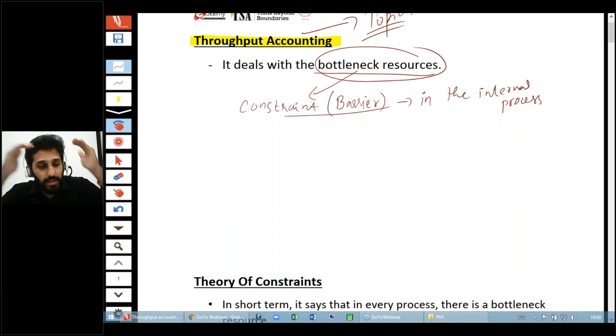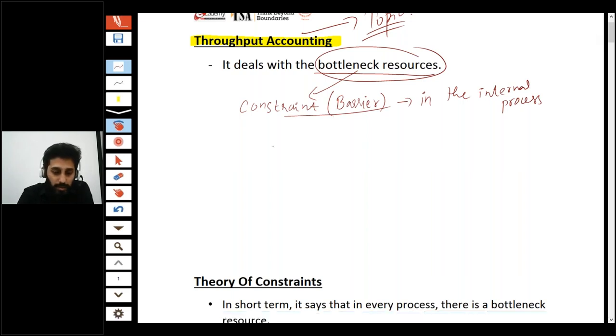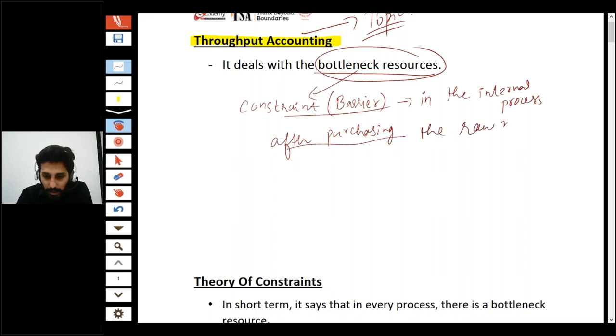Those barriers are called bottlenecks. So the bottleneck will not be the raw material. The bottleneck will be either machine hours or labor hours, because it is a constraint in the internal process, that is, after purchasing the raw material.